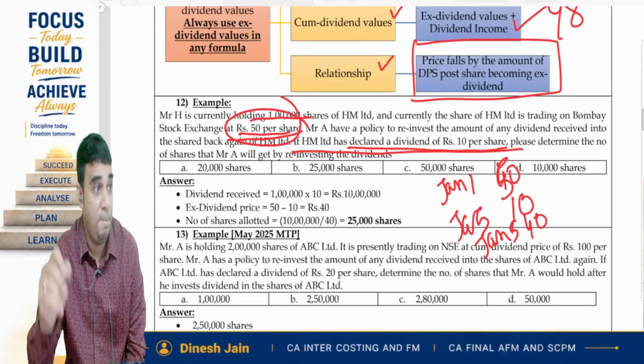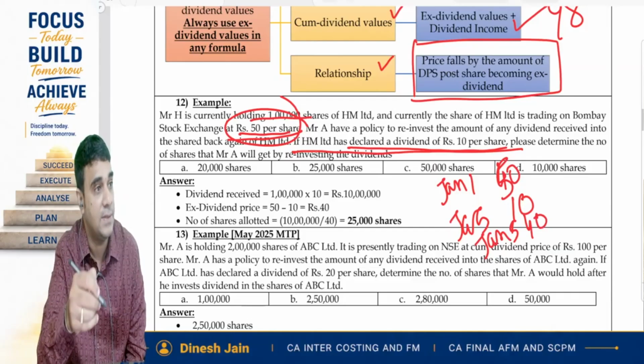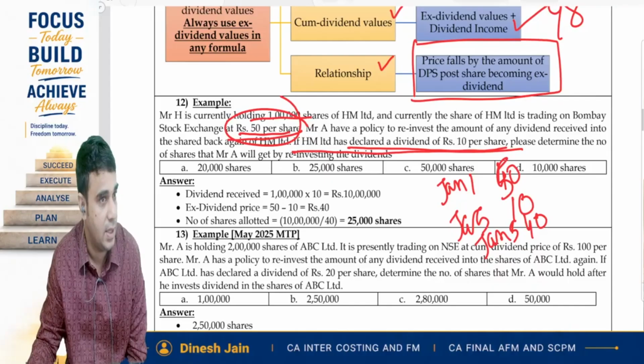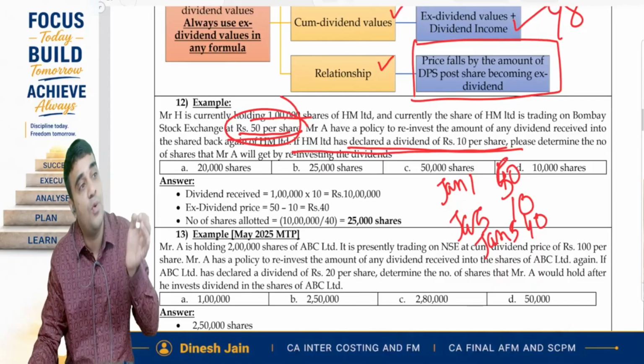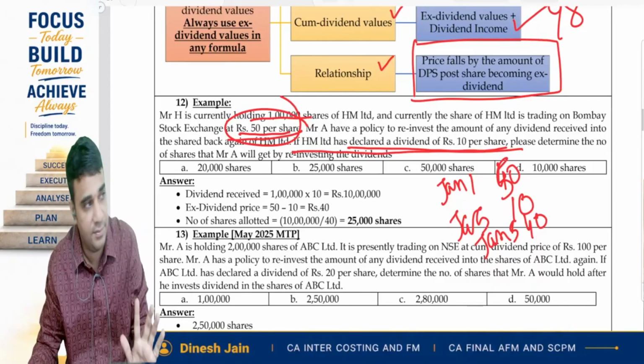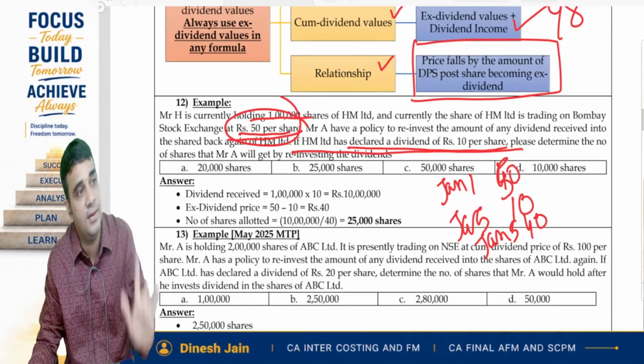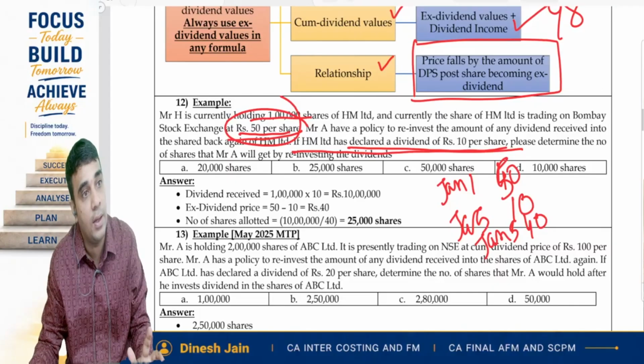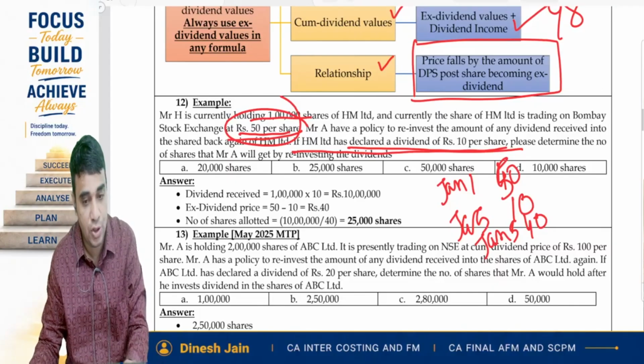If I say paid and give you the January 5 price, it means it has already fallen. This is what ICAI tested in the exam. They use the word paid a dividend rather than declared a dividend. I'll show you that question.